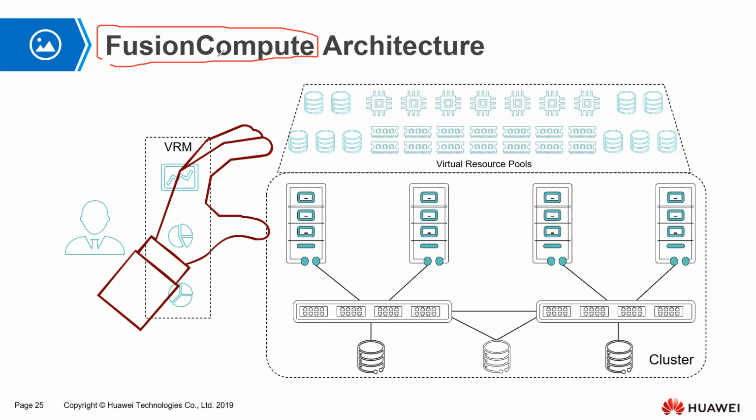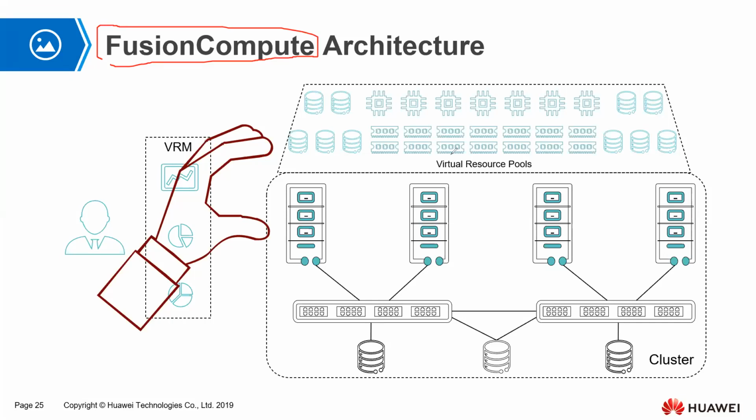Okay, so Fusion Compute basically consists of two things: the CNA, the computing node agent, and the virtual resource manager, the VRM. We're going to look at them shortly. In addition to CNA and VRM, there's also the UVP, the Unified Virtualization Platform, deployed by Huawei.